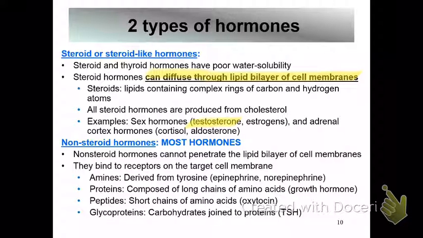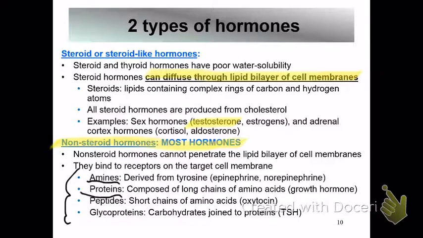The non-steroid hormones are protein hormones. So non-steroid hormones are all protein hormones. All of these things, amines, proteins, peptides, and glycoproteins, are kind of like proteins. Proteins are made up of amino acids.